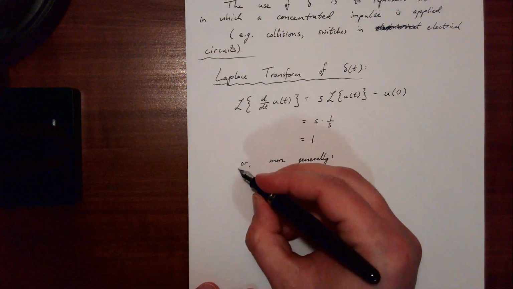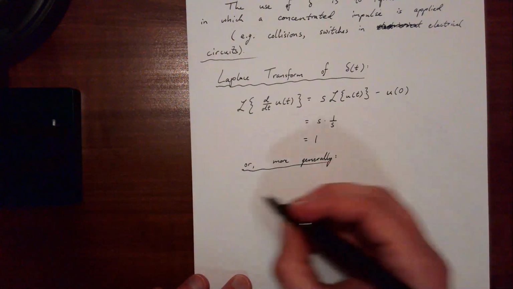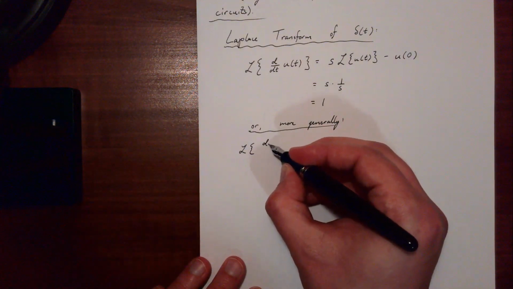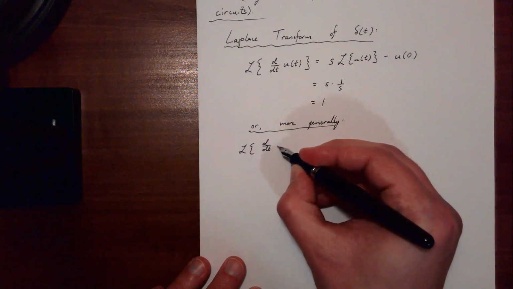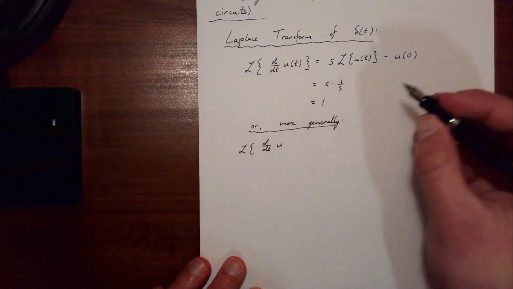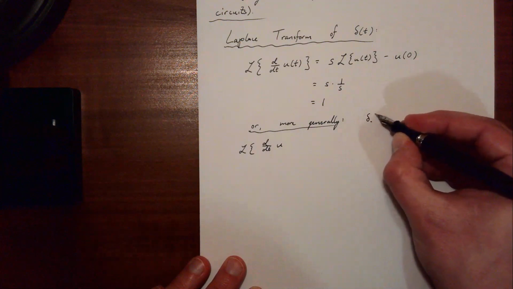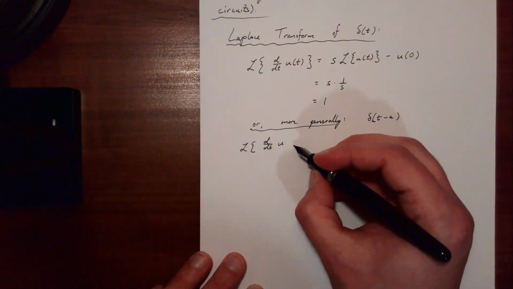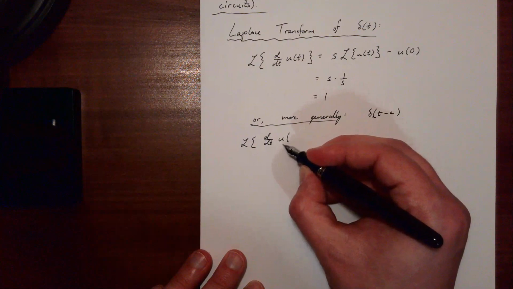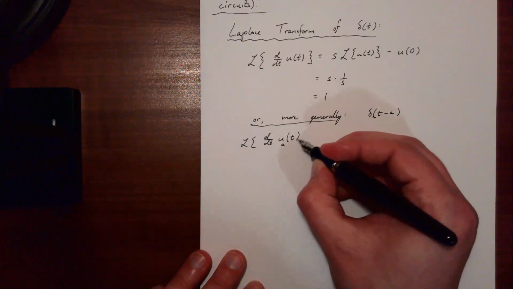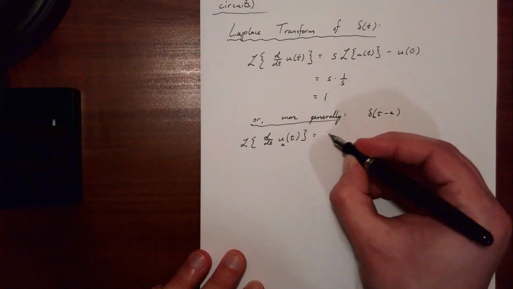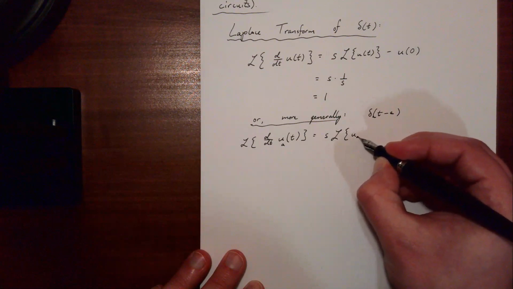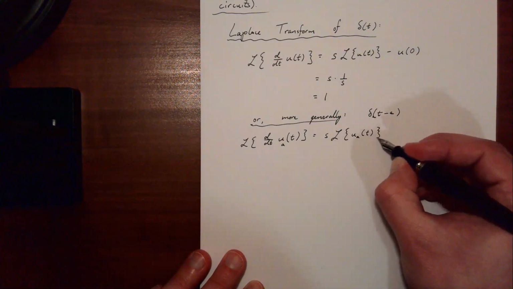Or more generally, the Laplace transform of the derivative with respect to t of, so now let's go delta of t minus a. So this is going to be u sub a of t, which is going to be then again s times the Laplace transform of u sub a of t minus u of 0.